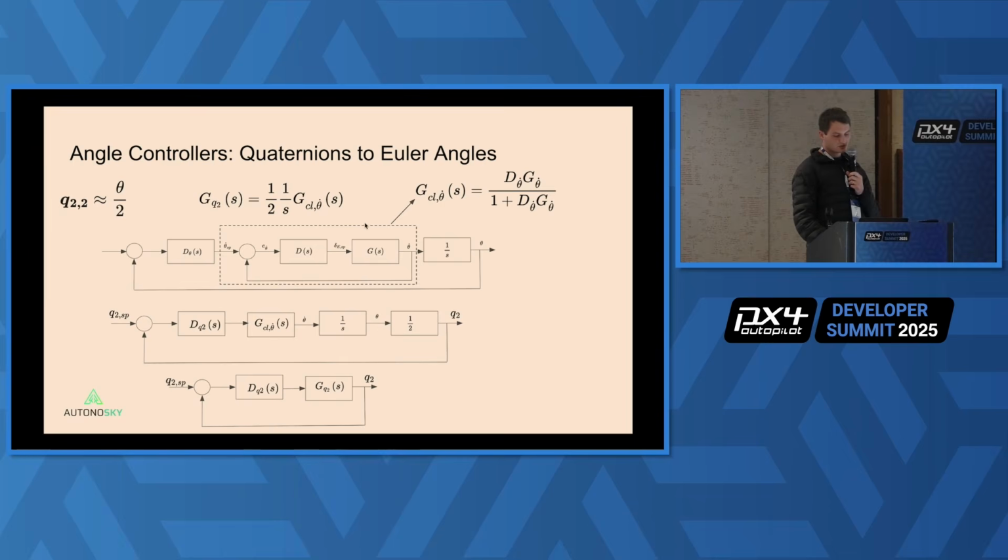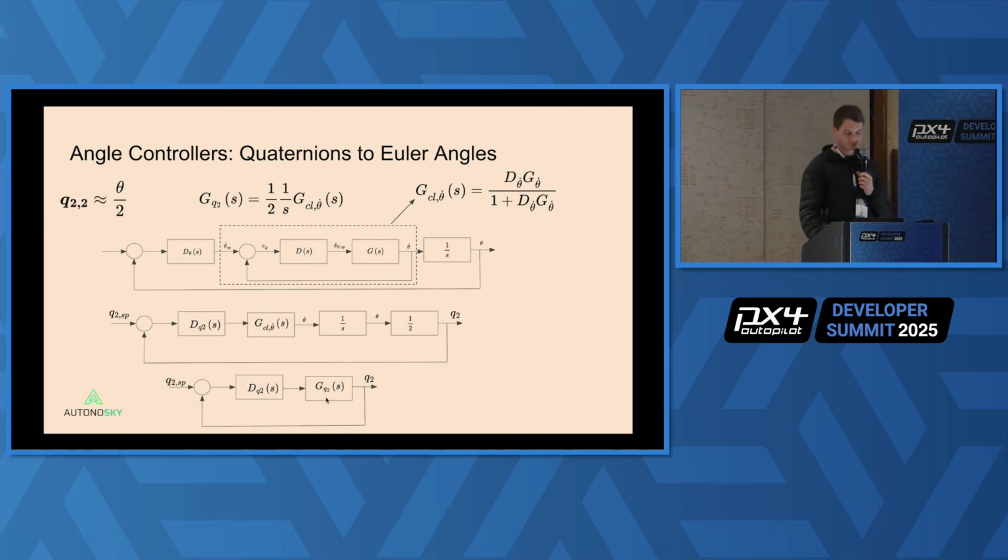So here's the closed loop block diagram for our pitch rate system. We then incorporate this transformation to bring it into quaternions, and then we can just multiply these three blocks with each other to obtain the model for the quaternion controller.